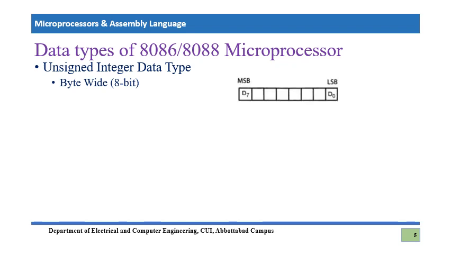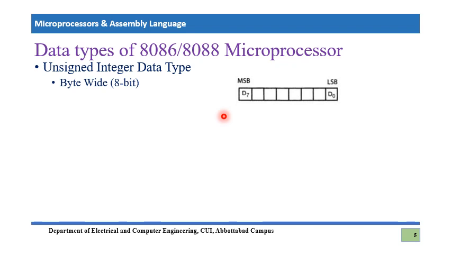When one is considering only 8-bit of information, the information starts from this bit and goes to this most significant bit. If you want to number them, you can number them like D0, D1, D2, D3, D4, D5, D6, and D7. So in total these will be 8-bit of information.